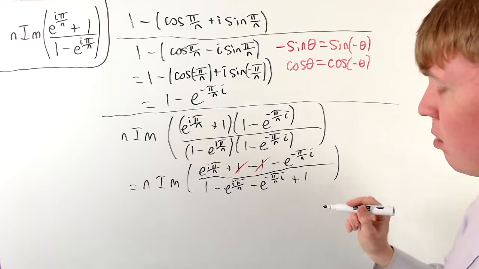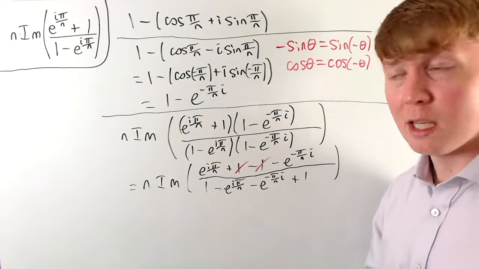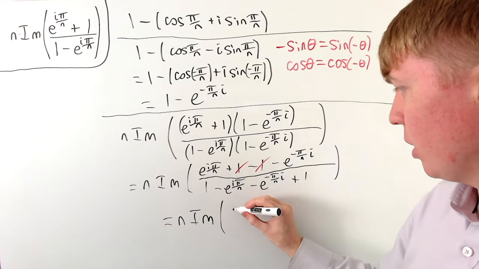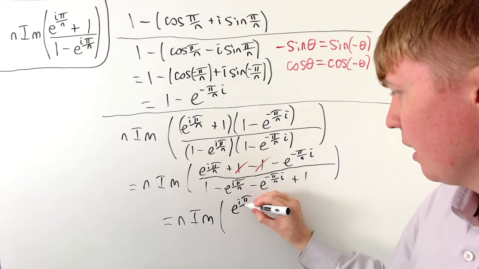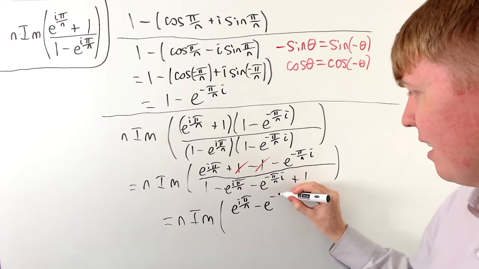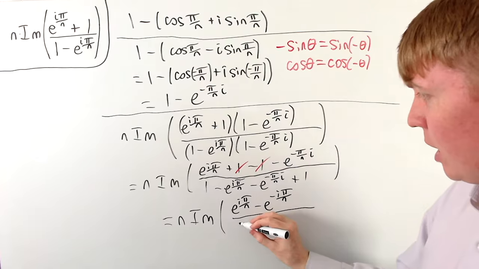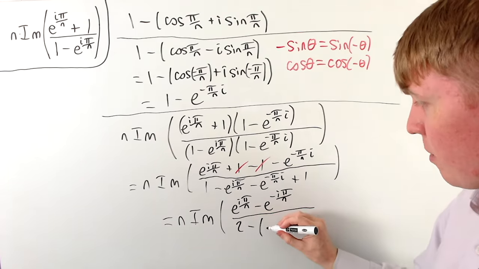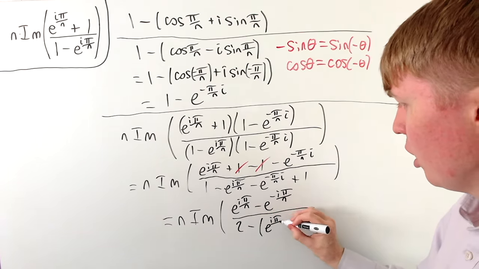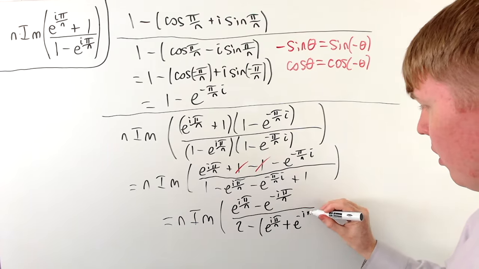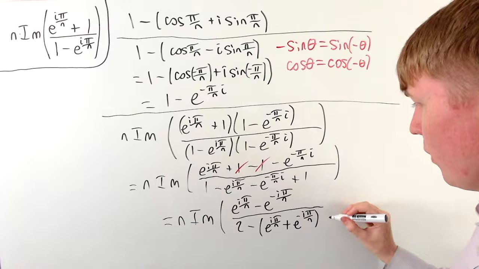So here the 1's don't cancel, but we can at least combine those into a 2 now. So we get n times the imaginary part of e to the i pi over n minus e to the negative i pi over n. Then in the denominator we get 2 minus, then we'll put this in brackets, e to the i pi over n plus e to the negative i pi over n.